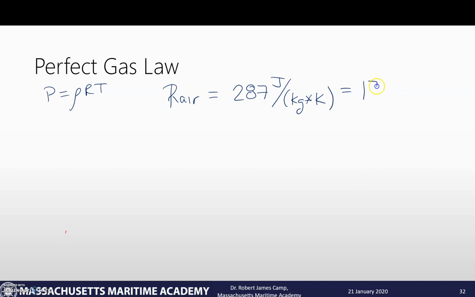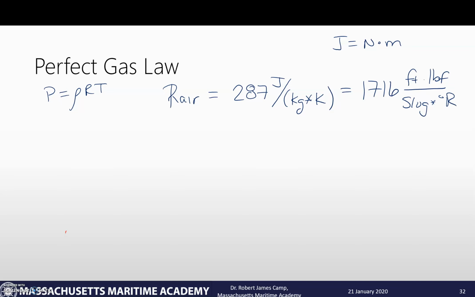And it's also 1716 foot-pound force per slug degree Rankine. And so foot-pounds is a unit of energy, just like joules. What is a joule? Just remember, a joule is a Newton times a meter. But these are the typical values for it.